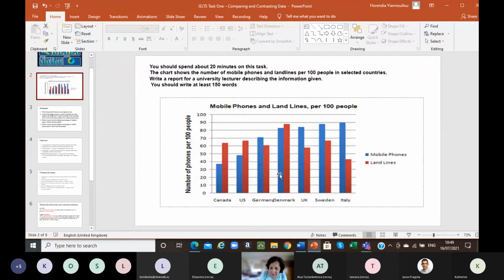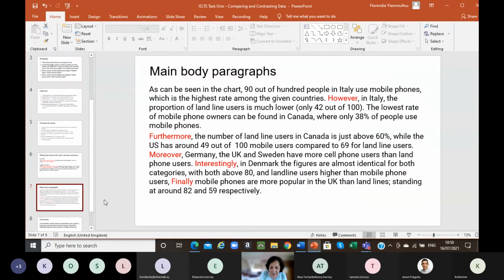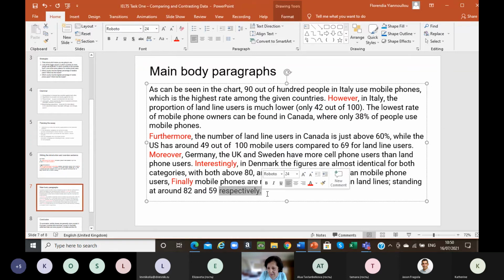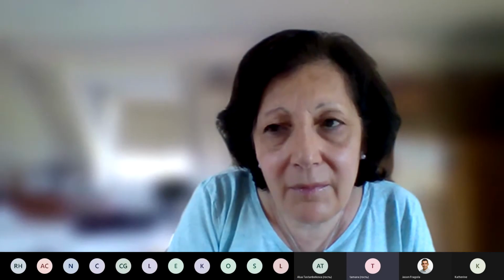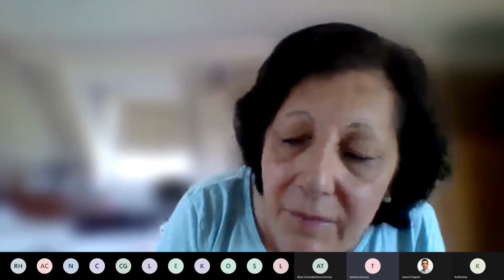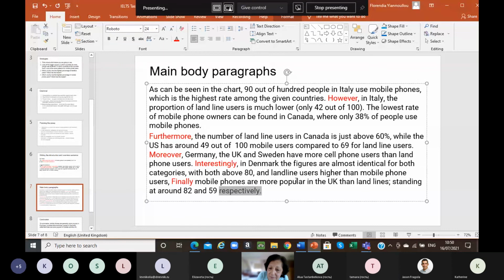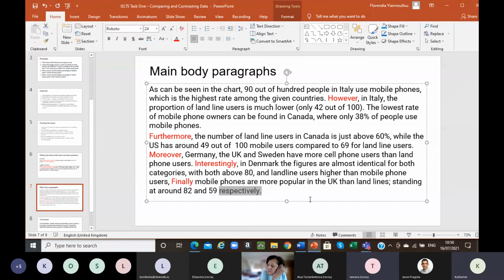Now, if you've got the UK, you've got their mobiles and you've got landlines. And if you look at the essay, I put 82 and 59% respectively. Does anyone know what this word means? You can put it in the chat if you know. It's like maybe comparing the difference between two numbers that we saw in the chart.